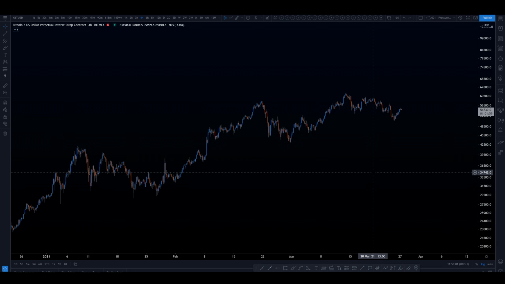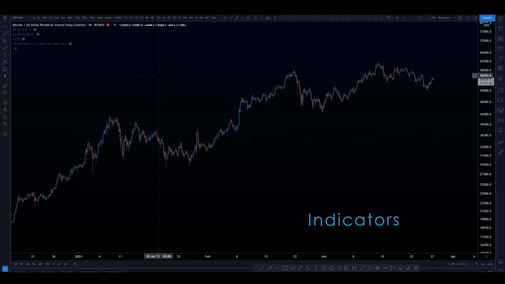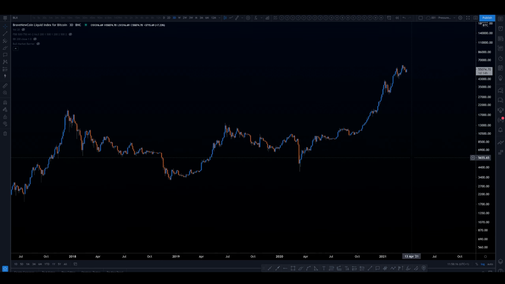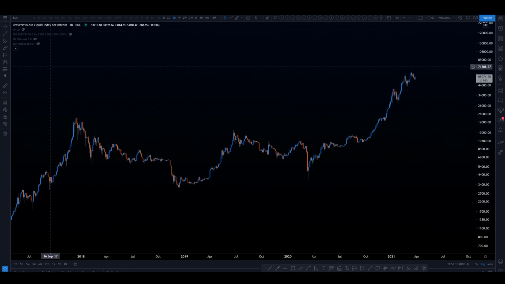So let's talk about the indicators, for example. So if we look at this 3-day chart, for example, of Bitcoin, I'm going to use, first of all, a trend line.